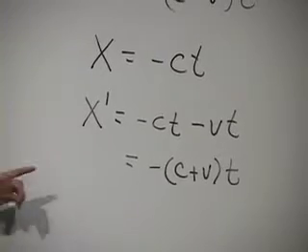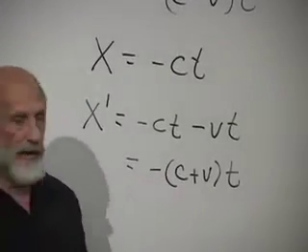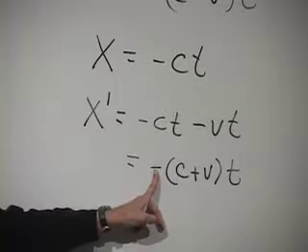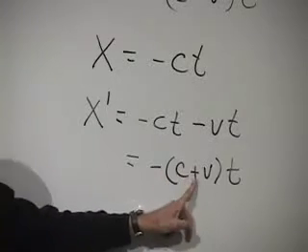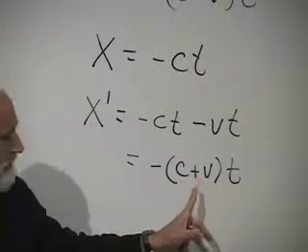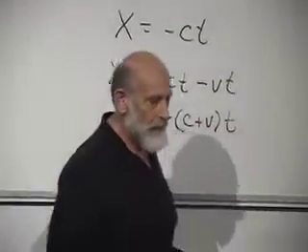So what this says is that I will see the light moving also in the negative direction, that's the minus sign, but I'll see it moving with an enhanced velocity, c plus v.